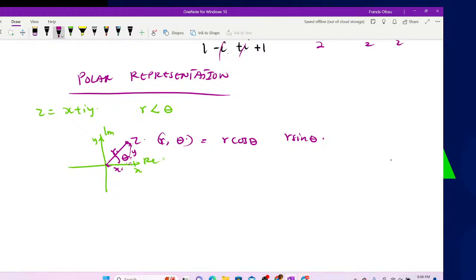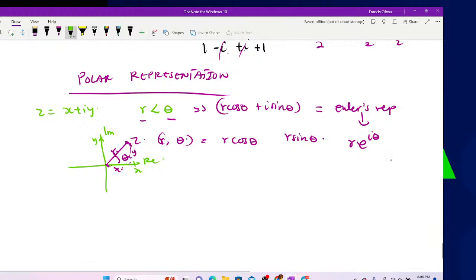So the polar representation is just representing a complex number in terms of its modulus as well as its argument. So this is also giving us r cos theta plus i sin theta. Then the third representation is what we call the Euler's representation, and that one is giving us r e to the power i theta.